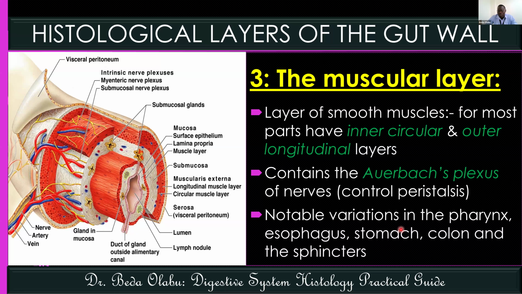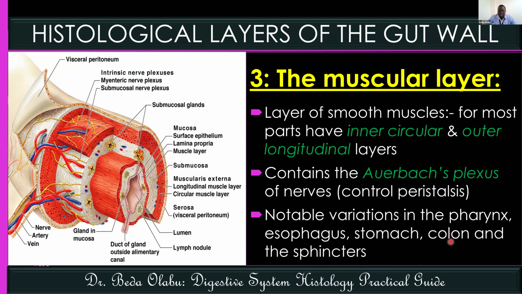This also makes the stomach wall thicker compared to perhaps some parts of the alimentary canal. The unique variation in the colon is in how the outer longitudinal layer of muscles is organized, where this layer exists in 3 bands, some 3 thickenings that we call the taenia coli.